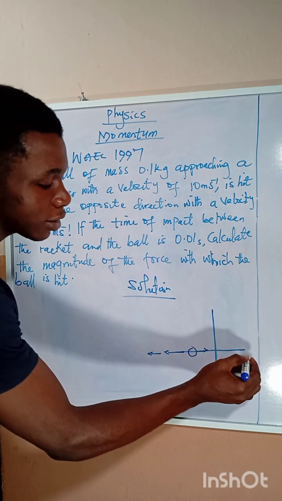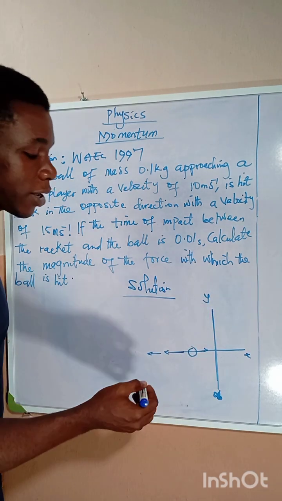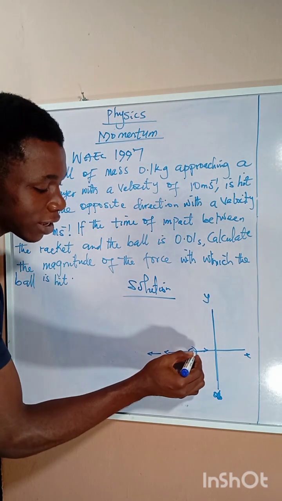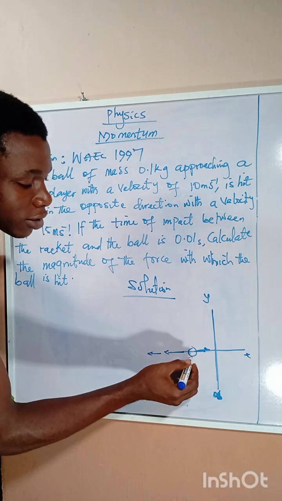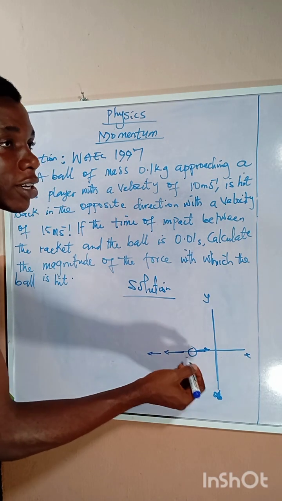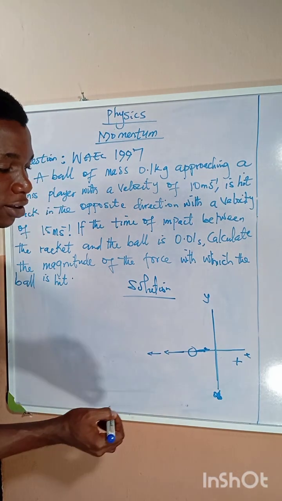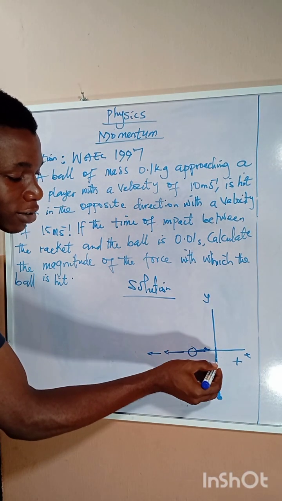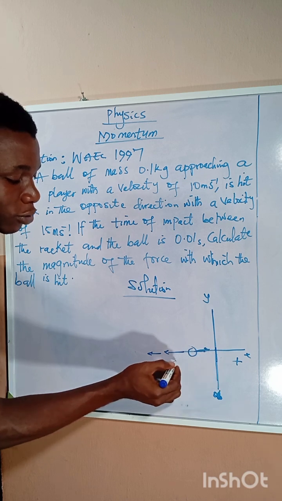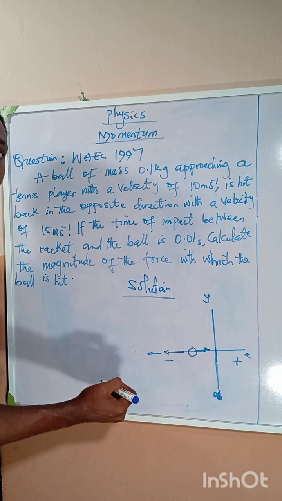If we consider this with respect to the X and Y Cartesian plane, when it tended towards this direction, the ball was traveling towards the positive side of X. But as it encounters this particular obstacle, it travels towards the negative side of X, some opposite reaction.